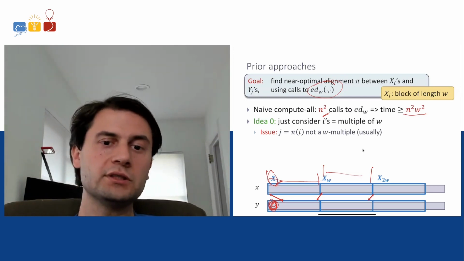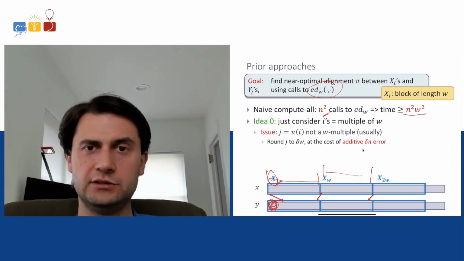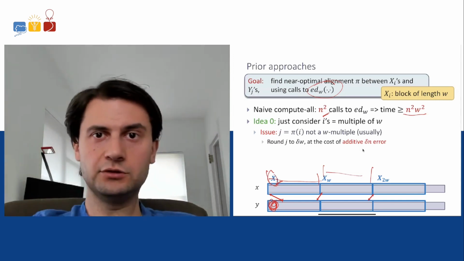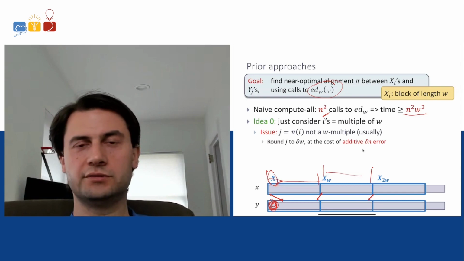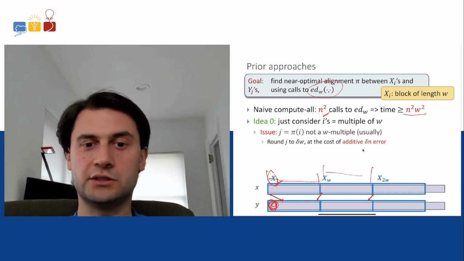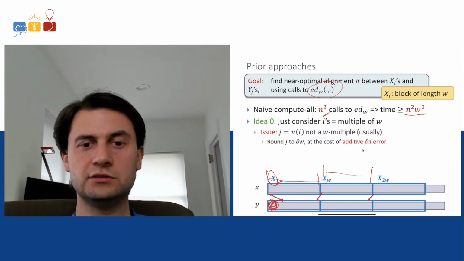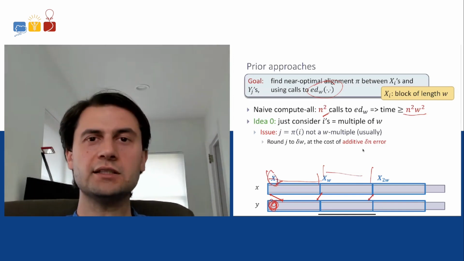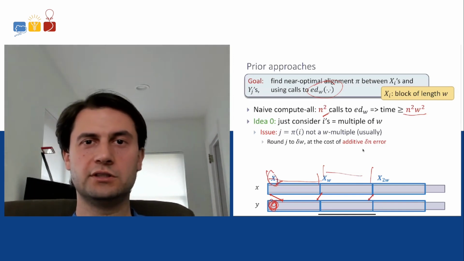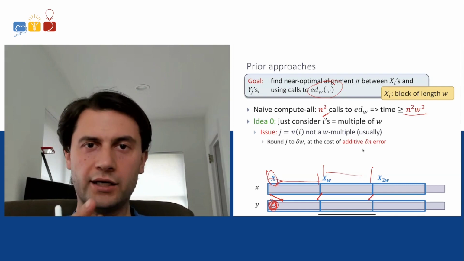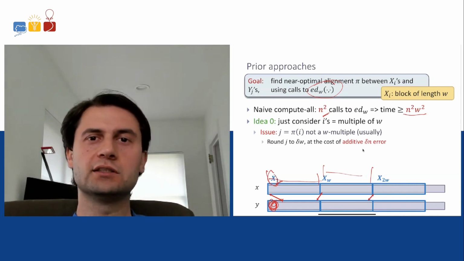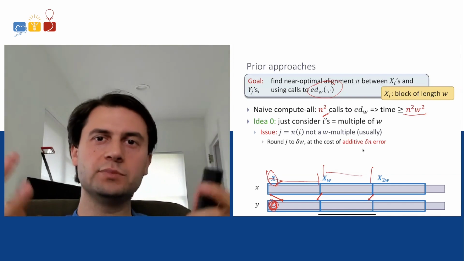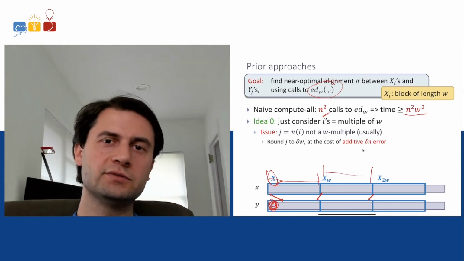So here is one way to do this. It's an idea that has been used to solve this issue in a number of papers, but at a cost. Namely, you can round these j's. It's a little bit asymmetric, but in y we will not be looking at completely non-overlapping blocks; we'll take a bunch of blocks that are somewhat overlapping.